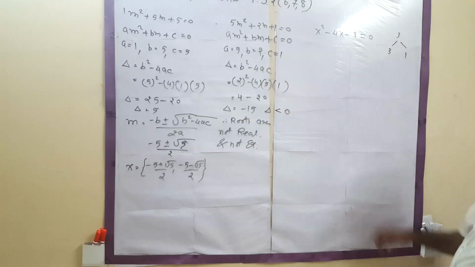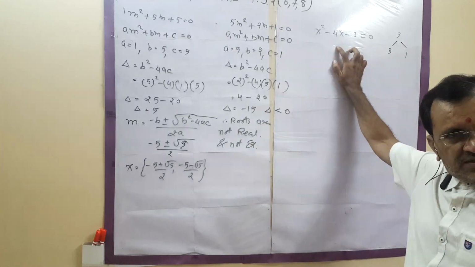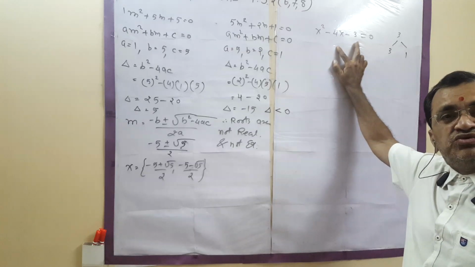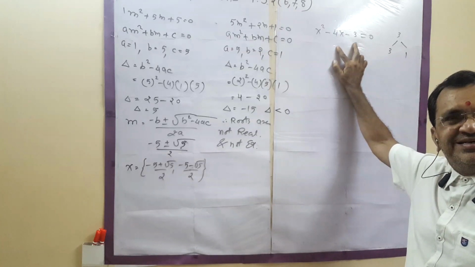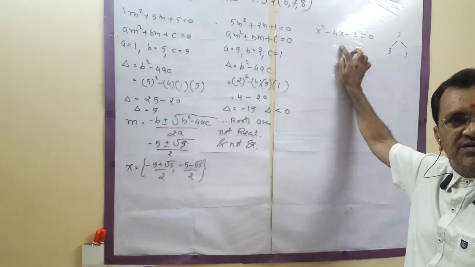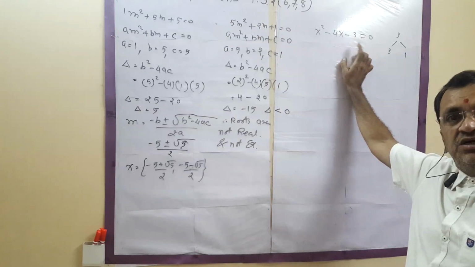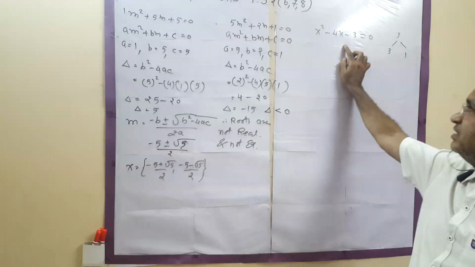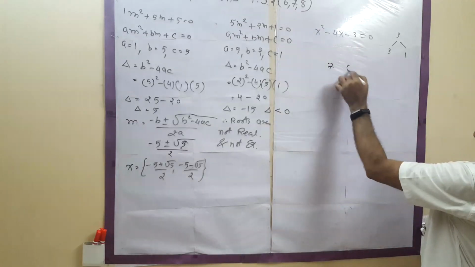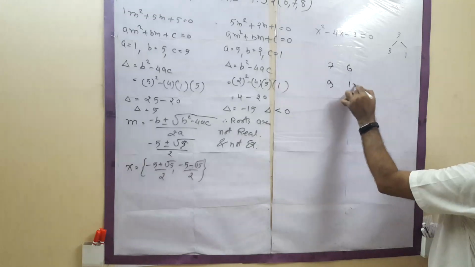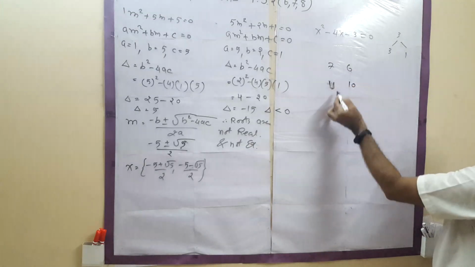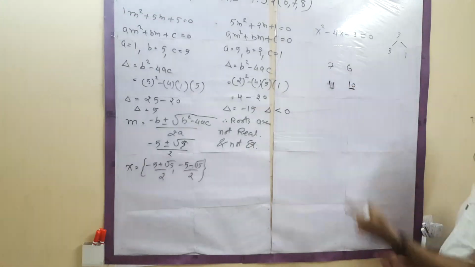From 3 to 4, it is very easy. 3 ones are 3. When the middle number is next to the end number, this is 3, this is 4. If it is 10 and 11, 10 ones are. If it is 12, 13, 12 ones are. If it is 7 and 6, 6 ones are. If it is 9 and 11 and 10, 11 ones are.